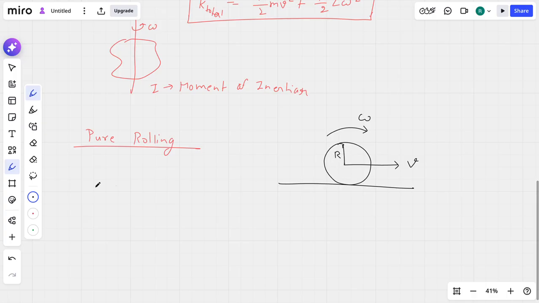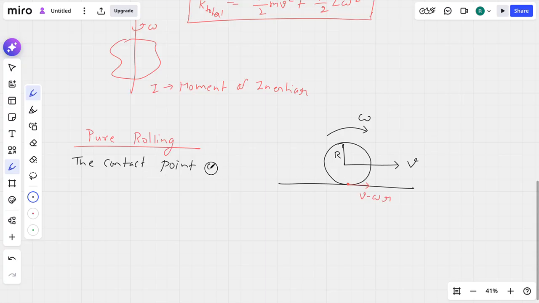The bottom point has translational speed of v minus omega r. In case of pure rolling, the contact point of a rolling body with the surface should be at relative rest with the surface.